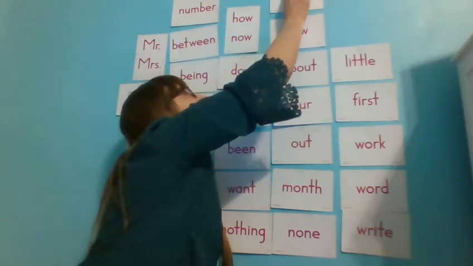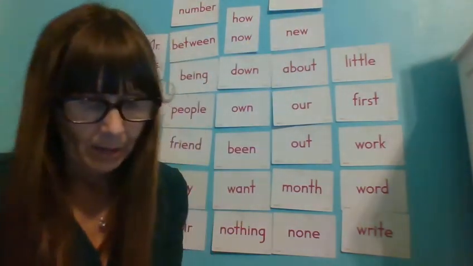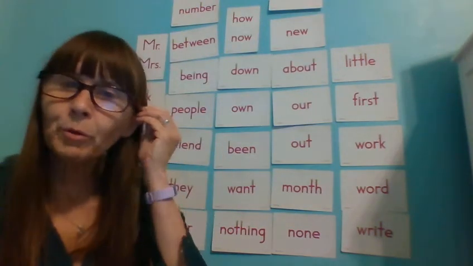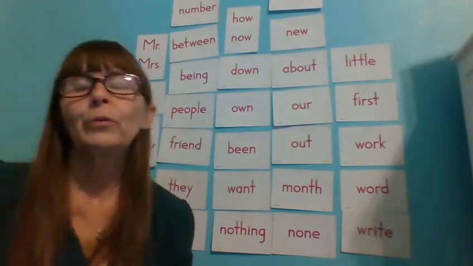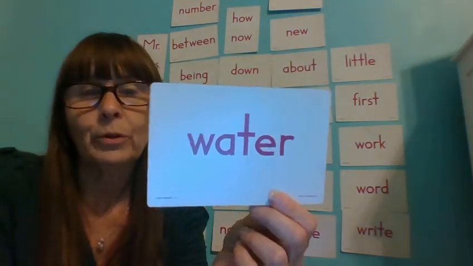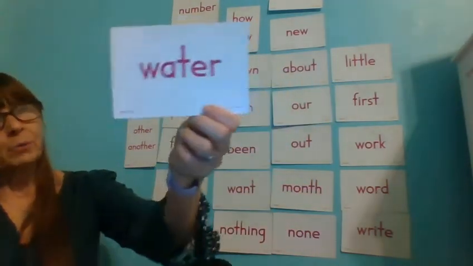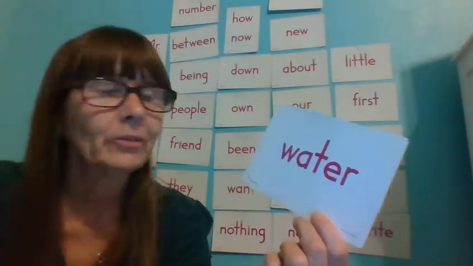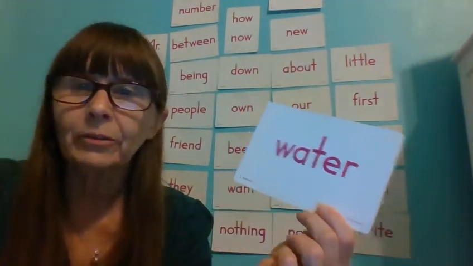Sometimes that happens. And the last word. We are grateful we have a student in our class whose name is spelled this way. And this is the word water. So what makes it tricky? Well, the T-E-R, that's not tricky. W, that's not tricky.